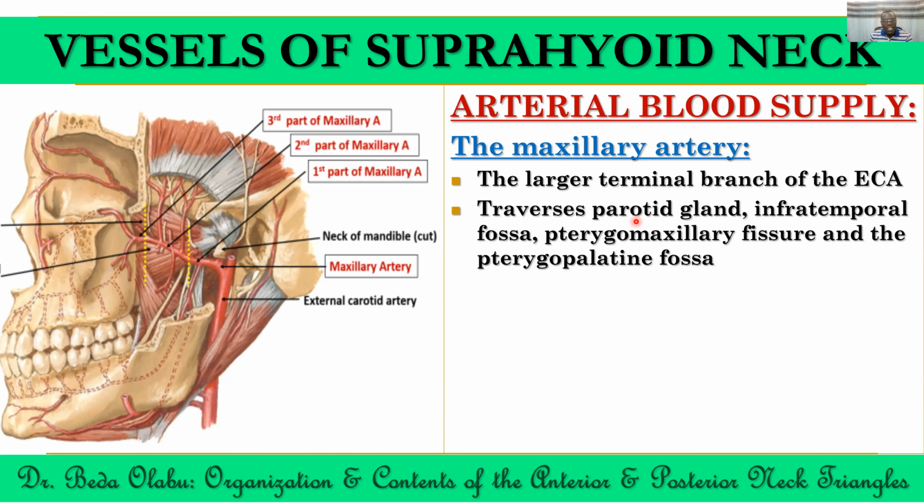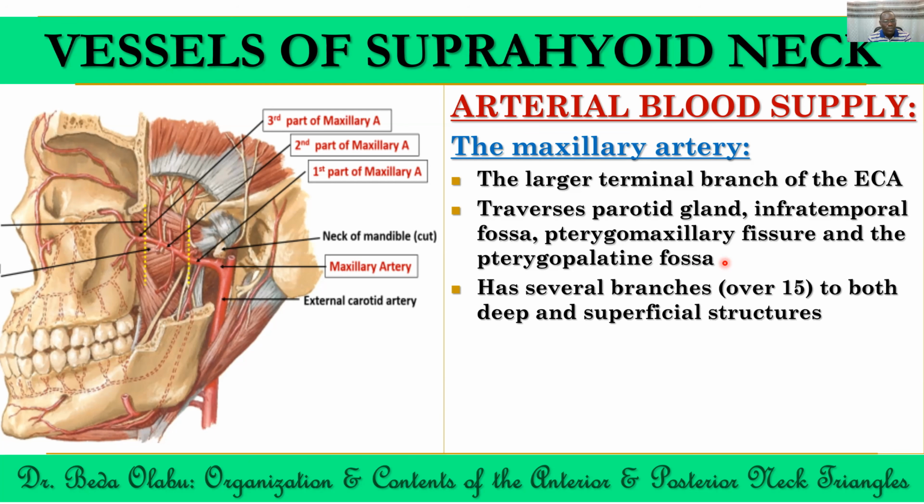After that, it enters the infratemporal fossa, passing medial to the mandibular ramus, and then enters the infratemporal fossa. It will traverse the infratemporal fossa and exit through what we call the pterygomaxillary fissure, through which the artery will enter into the pterygopalatine fossa, where it will terminate.